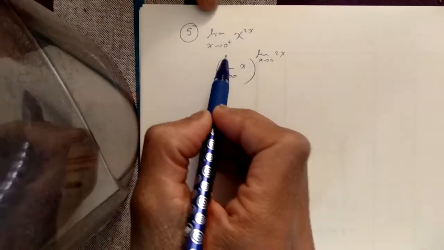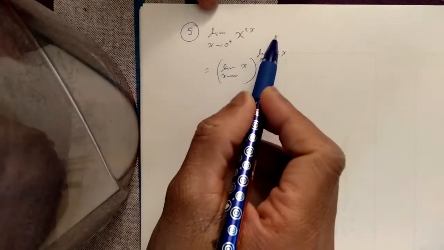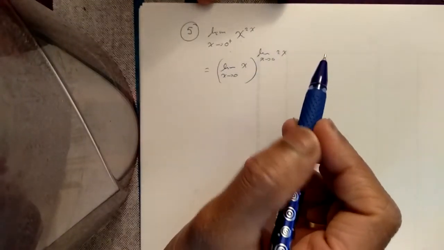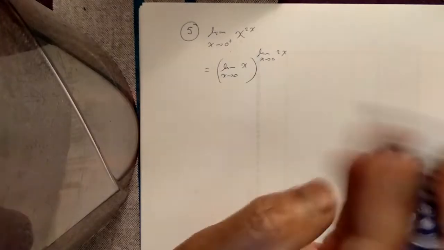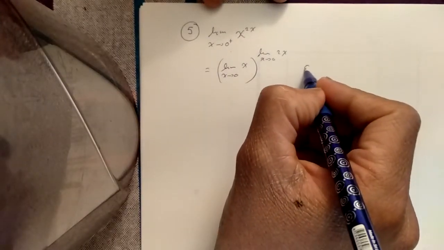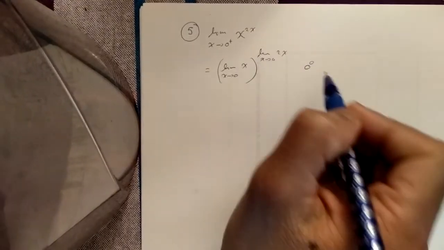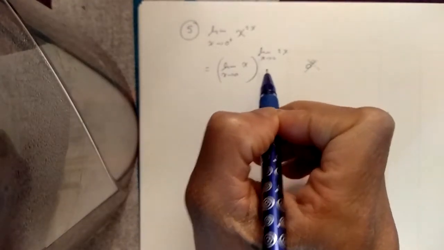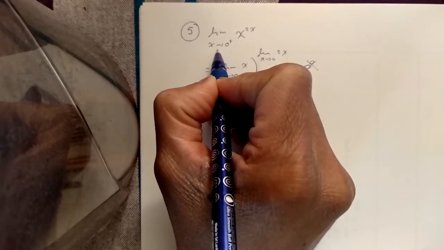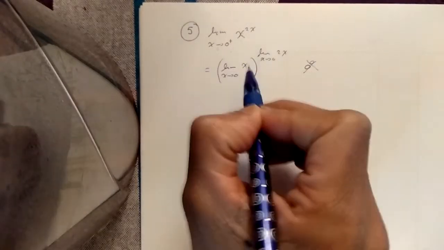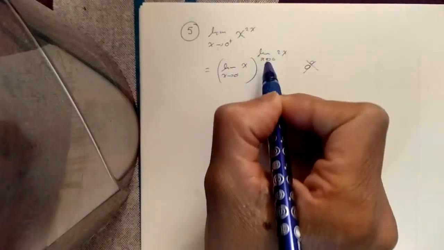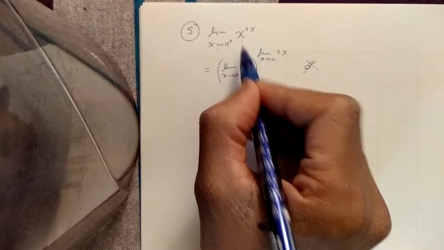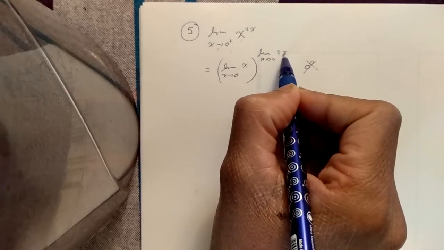You are not allowed to do some computation like this. Even if you did that, you would end up with a situation like this, but it is not at all a good practice to distribute a limit to both base and the power when you have the variable in both base and in the power.